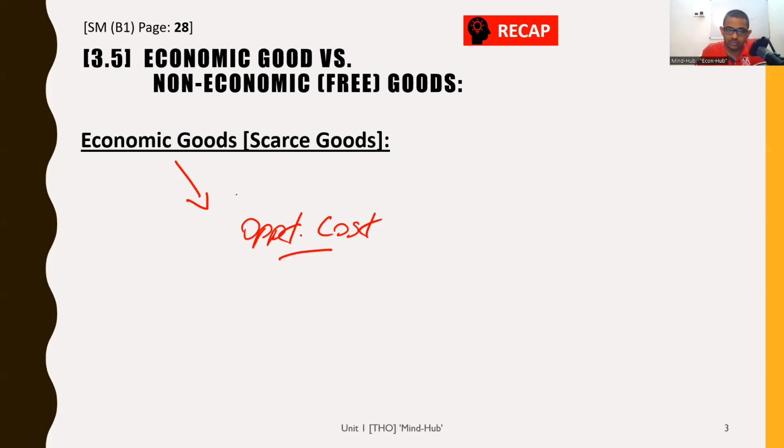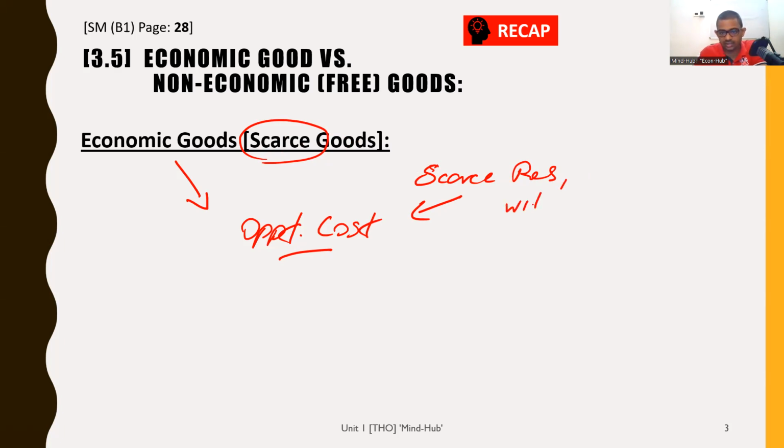Because economic goods are produced using scarce resources. That's why sometimes economic goods are called scarce goods. Why do we call economic goods scarce goods? Because we produce economic goods using scarce resources.